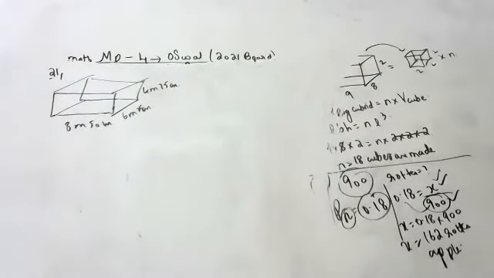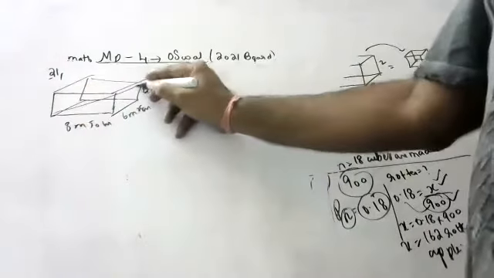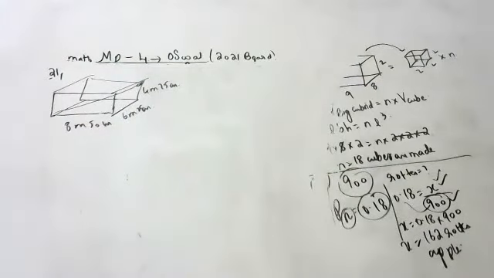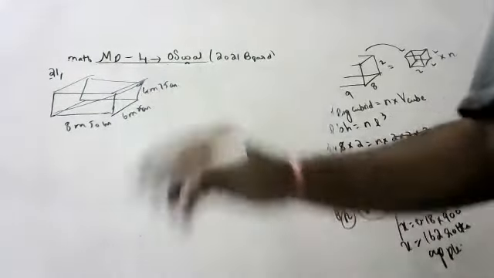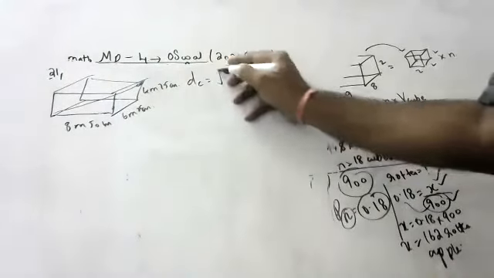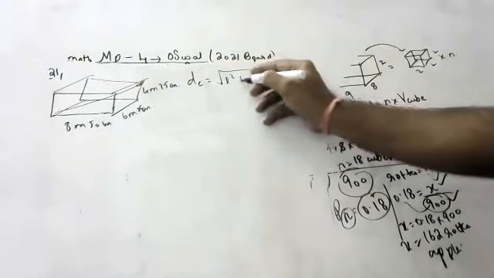He wants to put the longest rod in it. What is the formula for the diagonal of the cuboid? Diagonal of the cuboid is under root of L square plus B square plus H square.